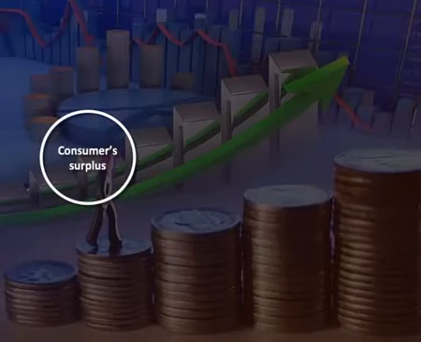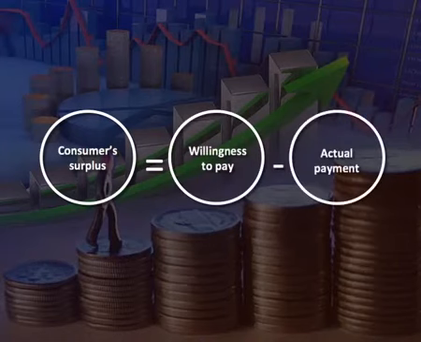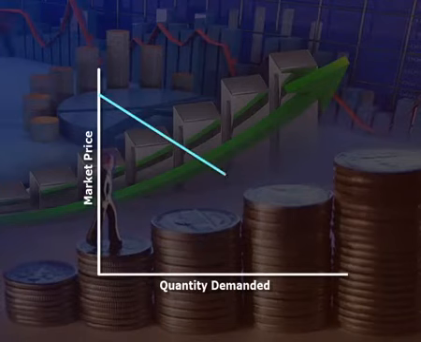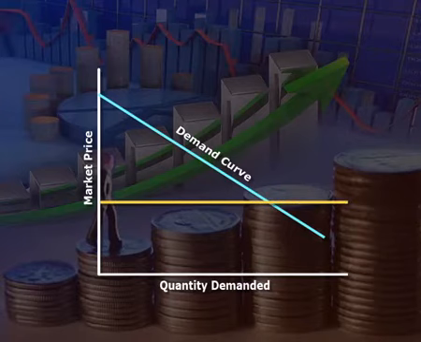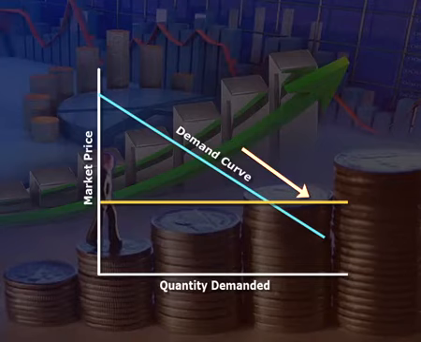Consumer surplus is equal to willingness to pay minus actual payment. The consumer has different willingness to pay at different points on the demand curve based on the satisfaction he derives from the consumption of the commodity. However, the actual price is fixed by the market. The satisfaction derived by the consumer decreases as he moves down the demand curve and consumes more of the commodity.